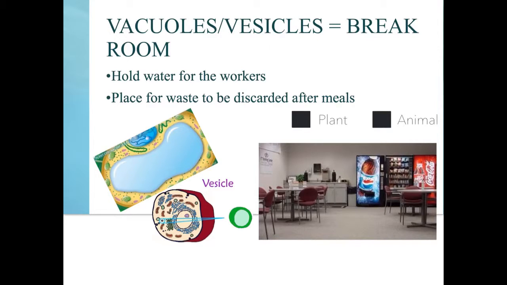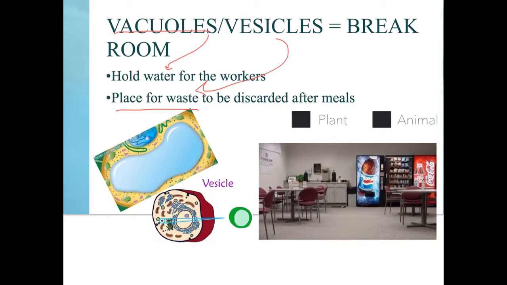Let's look a little bit at the vacuoles and vesicles for a moment, both which could be related to a break room. The vacuoles hold water for the workers. Here is an example of a vacuole within a plant cell. The vesicles are a place for waste.